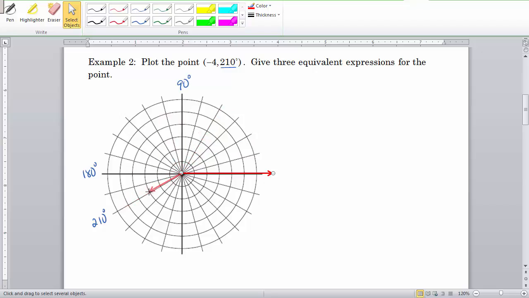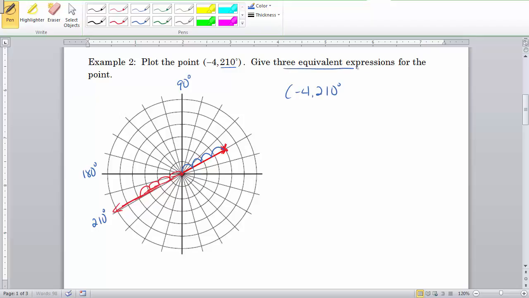Oh, but I don't want to go toward 210 because r is negative. I have to go backwards. 1, 2, 3, 4. And this is my point. So think about extending that line toward 210, but I didn't go 1, 2, 3, 4. No, I went -4. Again, pretty confusing.